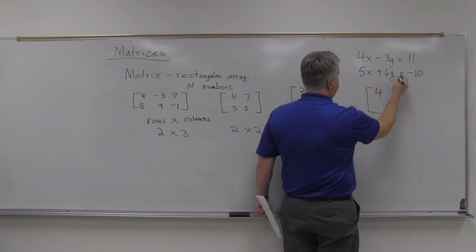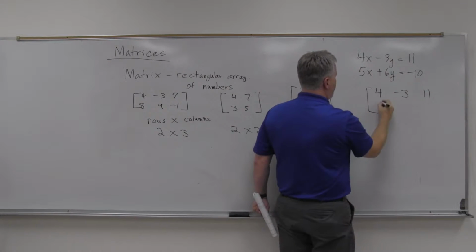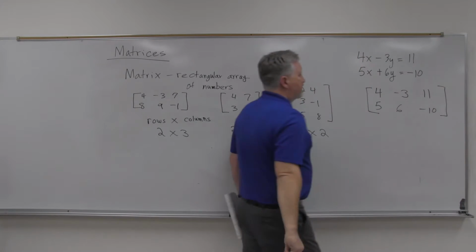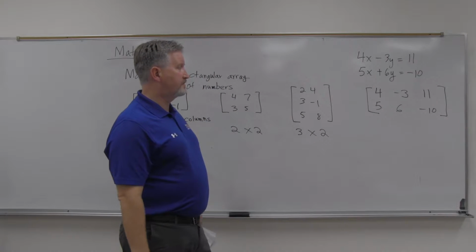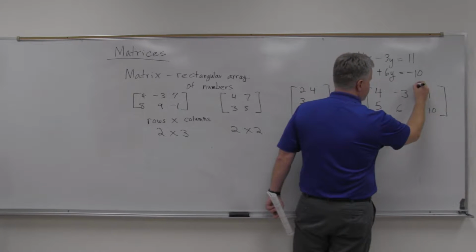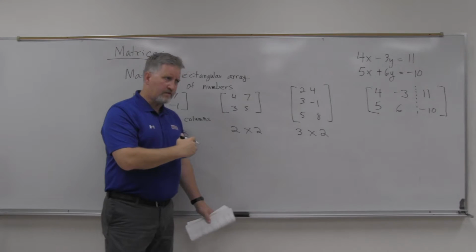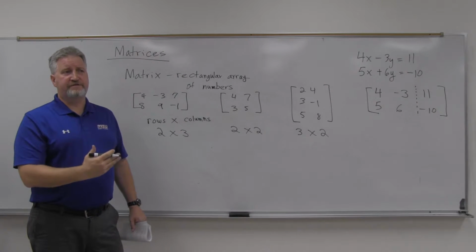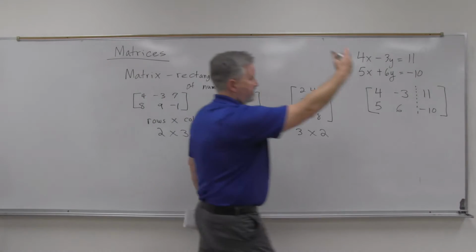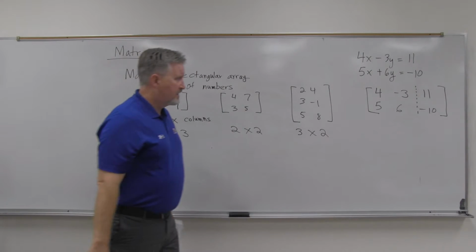So I pull off the variables: 4, -3, and then write the 11 alongside, and then 5, 6, and -10. A lot of times you'll see a little dotted line to separate them, because the ones on the left have variables associated with them, whereas on the right of the dotted line it's just a constant.